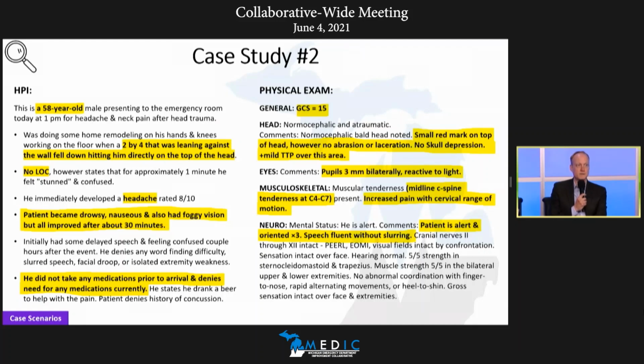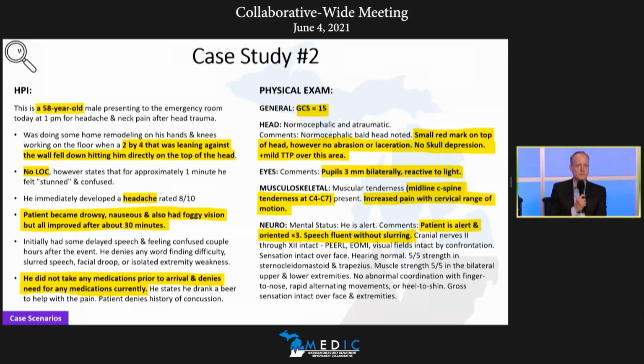I'll flip back to the neck exam, but the neurologic exam is again normal. Normal pupils, a really extensive documentation of the neurologic exam here: alert and oriented, fluent speech, cranial nerves, strength, sensation, coordination, all tested and documented as normal.